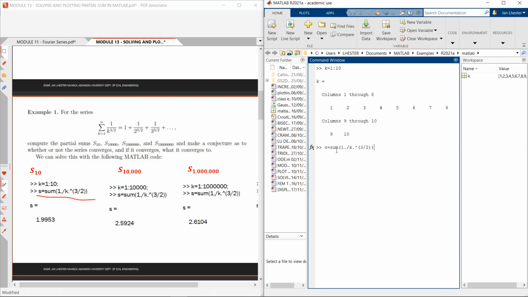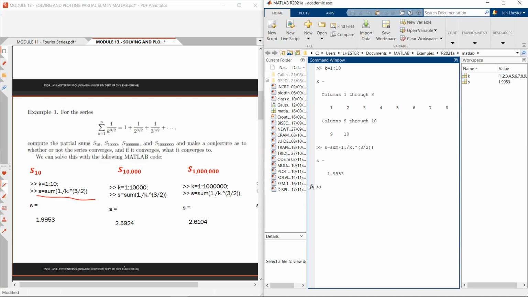Our value of S is 1.9953. That is your partial sum for the summation of 1 over k raised to 3 halves up to k equals 10.